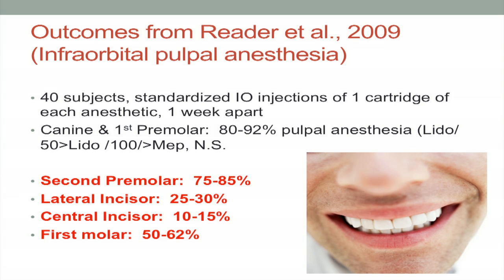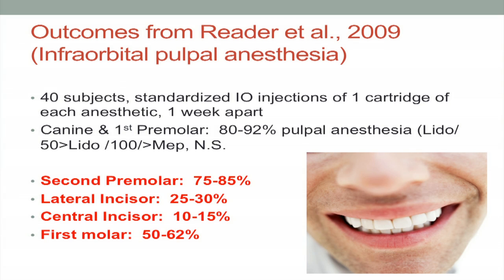The second premolar showed a fair success rate of 75 to 45%, while the lateral incisor was only 25 to 30%, and the central incisor a very poor 10 to 15%. Surprisingly, the first molar was 50 to 62% successful for an infraorbital block.